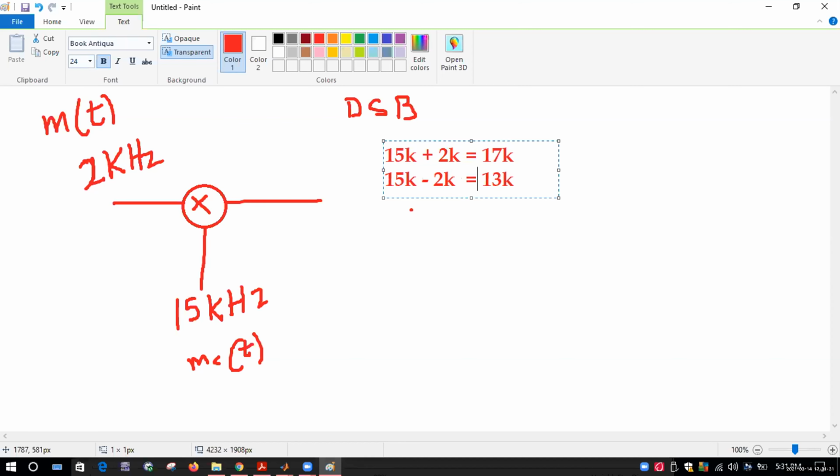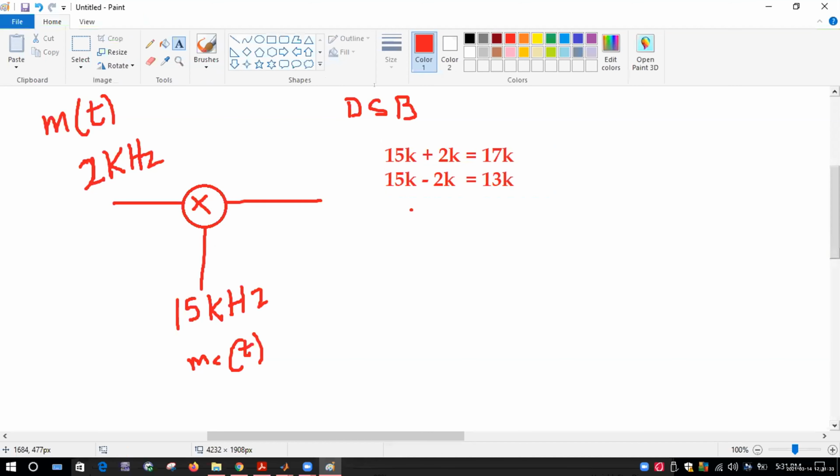Do you understand this? If it's a double sideband transmitter, you will have two sidebands. Sidebands means carrier plus and carrier minus. So it's basically a mixture of frequencies: addition of carrier and message, subtraction of carrier and message.